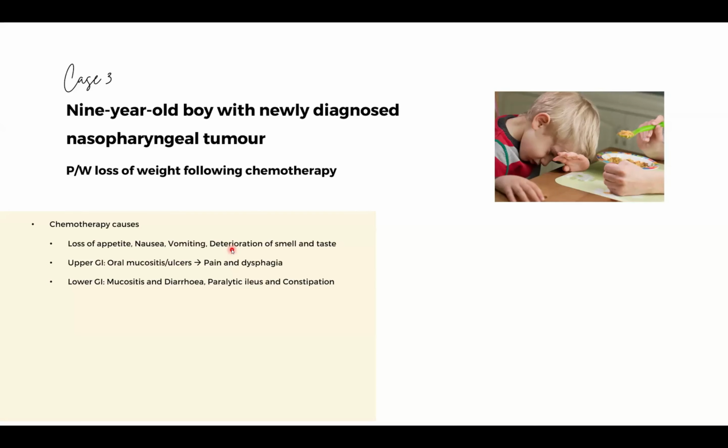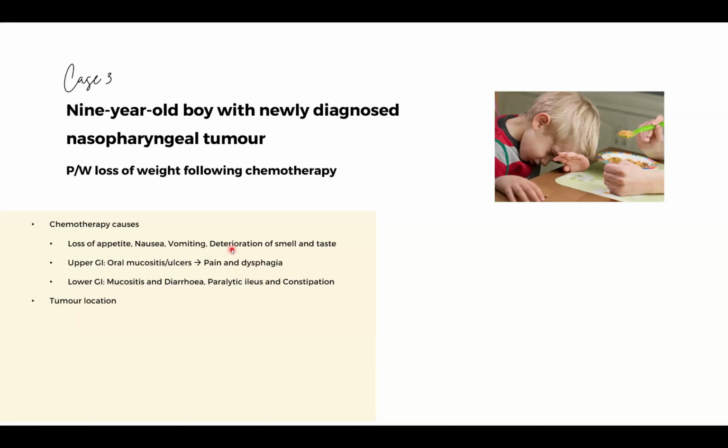Depending on the effect, the upper GI tract develops oral mucositis and ulcers, leading to lack of food and fluid intake, and causing pain and dysphagia as well. Lower GI symptoms involve mucositis, diarrhea, paralytic ileus, and constipation.